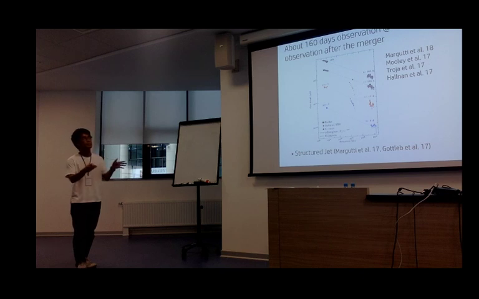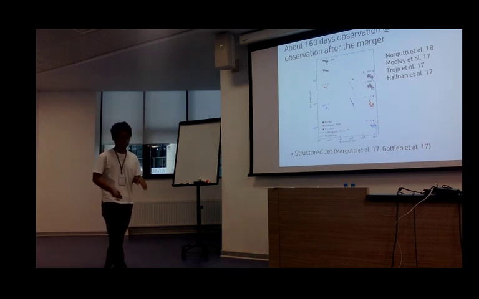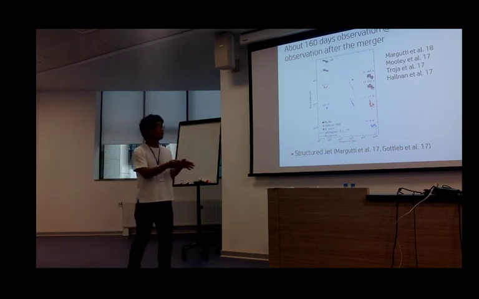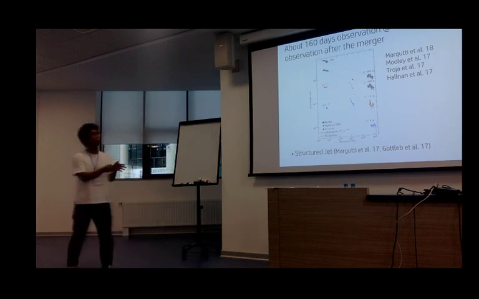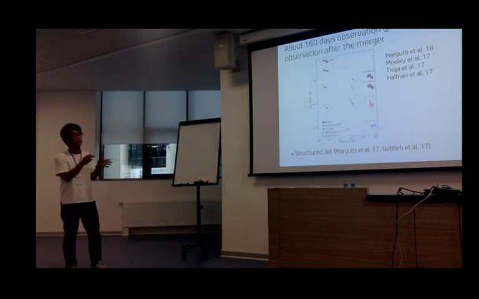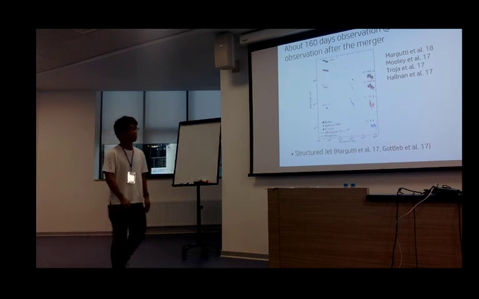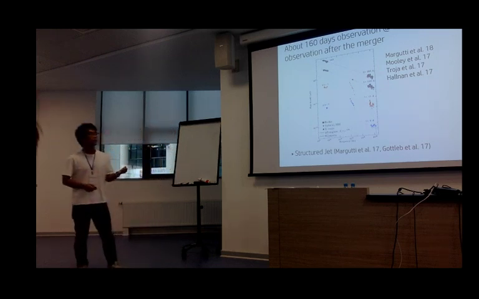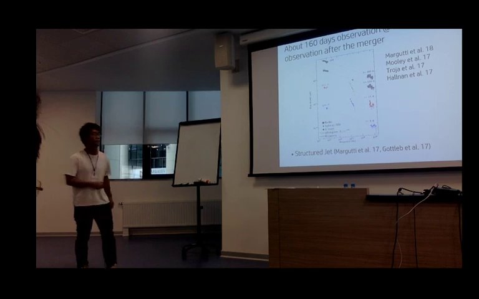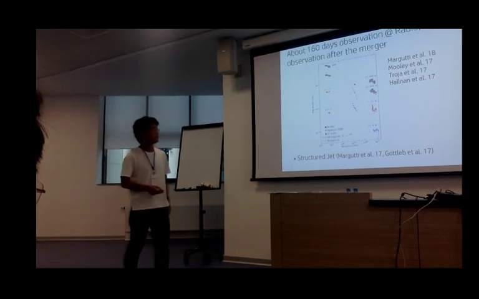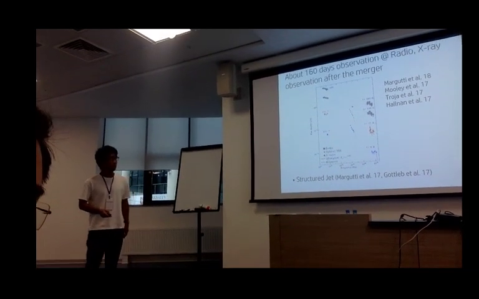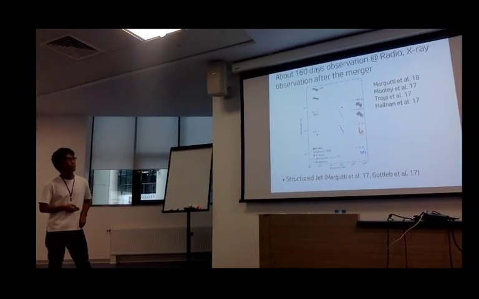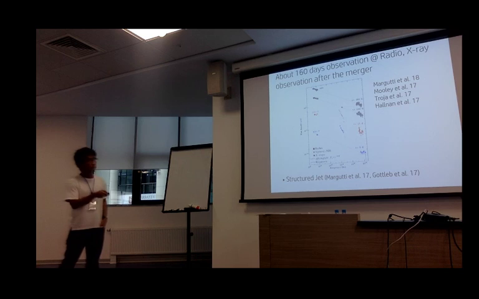Then this matter interacts with the interstellar medium, and a shock is generated. At the shock, the electrons are accelerated and a random magnetic field is produced. Then with electrons and a magnetic field, you get synchrotron radiation output. This is the standard picture of synchrotron radiation afterglow, and this model nicely fits the observation result.